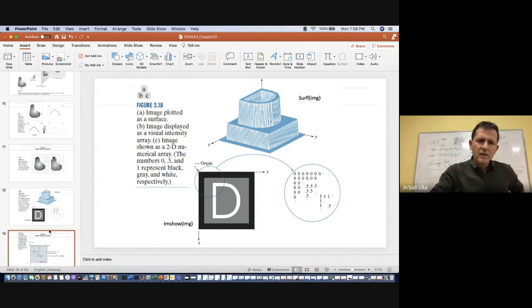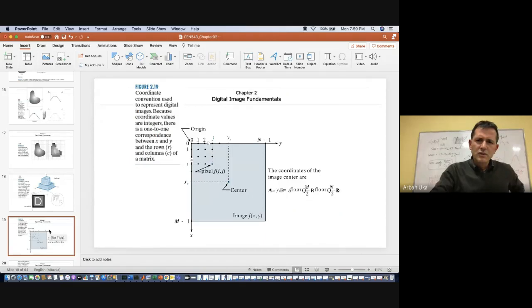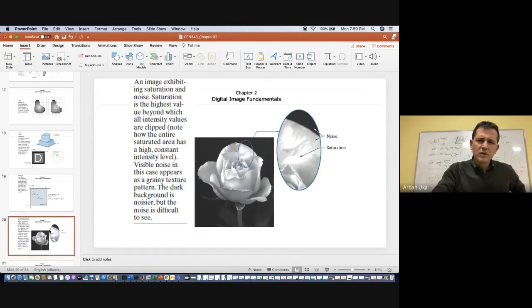Okay, then we move again here. So we observe here that whenever we have an image, this slide is not telling much, just telling us how the image can be distributed into an X and Y array. And whenever we have images, we have some issues which might come up, where one of them could be the saturation.